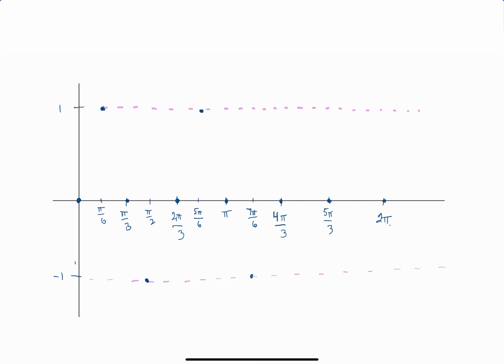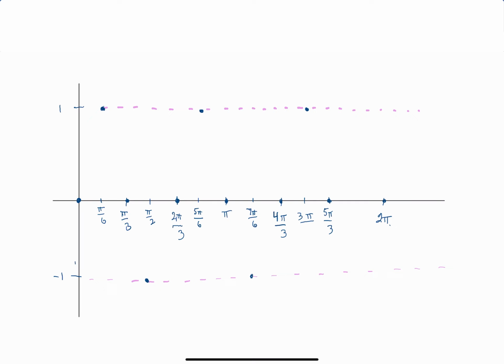And I've got a peak at, let's see, it's going to be some number of 6. 4 pi over 3 is like 8/6. 5 pi over 3 is like 10/6. So this must be 9/6. Okay, but we should really simplify that. So let's see, that's going to be 3/2.